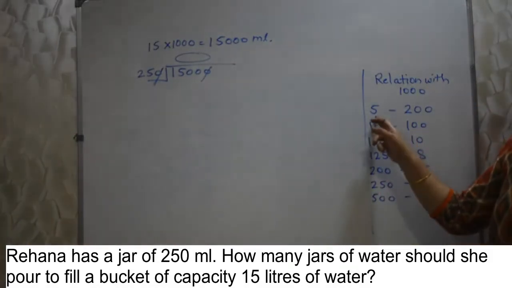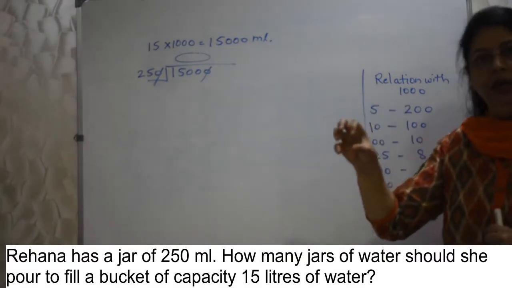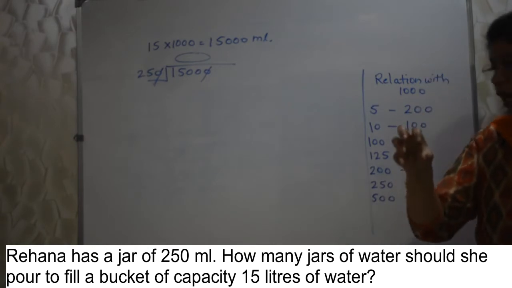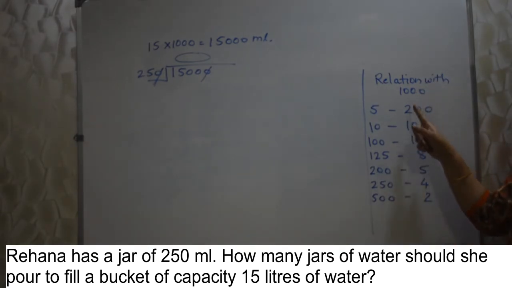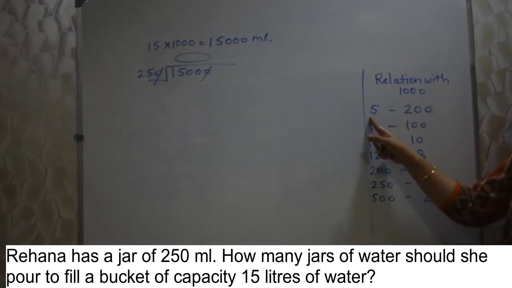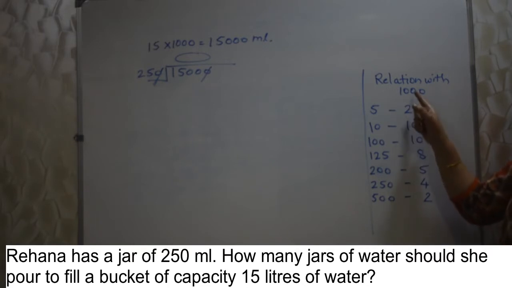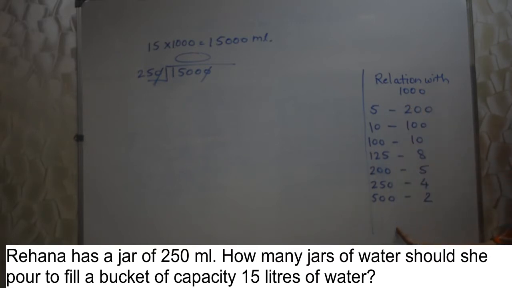How many 5s are there in 1000? 200 5s are there. How many 10s can be there in 1000? 100. In short, when I divide 1000 by 5, I get 200. 1000 by 10, I get 100. Like that, I have given you this.